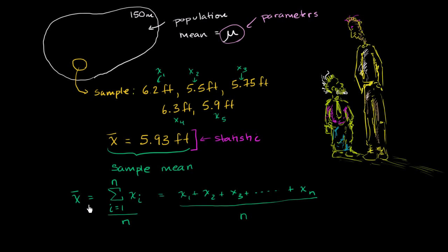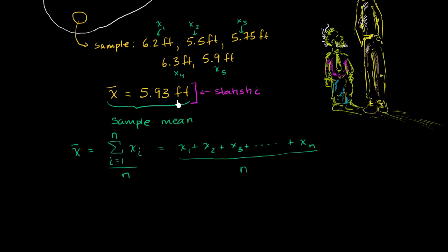Now let's think about how we would denote the same thing, but instead of for the sample mean, doing it for the population mean. So in the population mean, they will denote it with mu. We already talked about that. And here, once again, you're going to take the sum, but this time it's going to be the sum of all of the elements in your population. So your x sub i's, and you'll still start at i equals 1, but it usually gets denoted that, hey, you're taking the whole population.